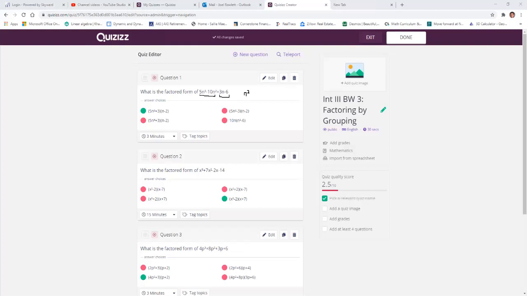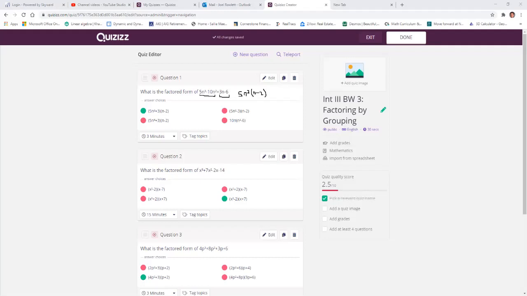So I can take out a 5. And in parentheses, that will leave me n minus 2. That takes care of factoring the GCF out of the first 2 terms.